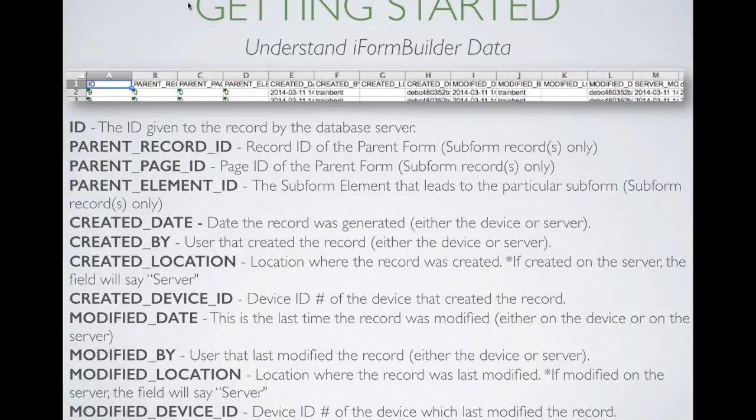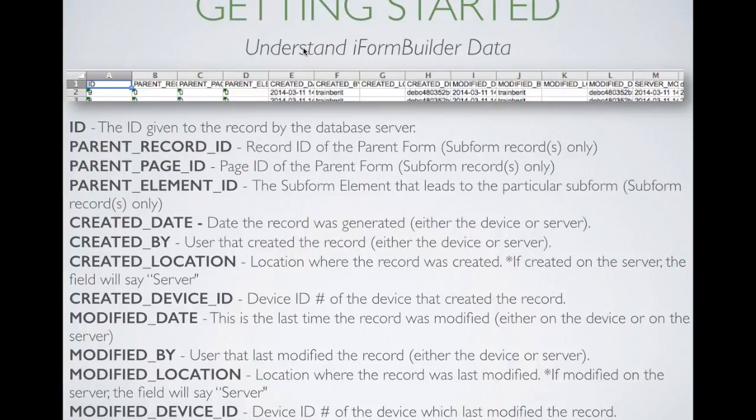So here's just the metadata and all their descriptions. These are the different fields that I was just talking to you about that go from A until M. You'll notice that you have the created date, created by, created location, and created device ID. And on the opposite side of that, you have the modified date, modified by, modified location, and modified device ID.